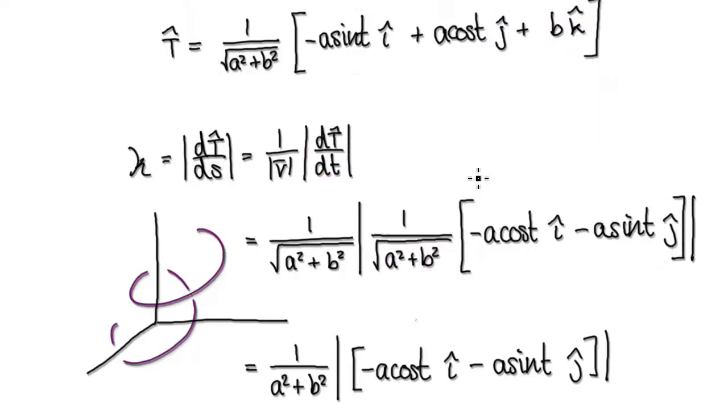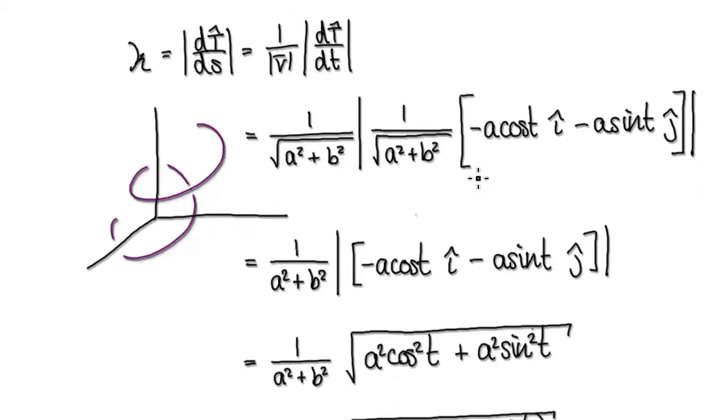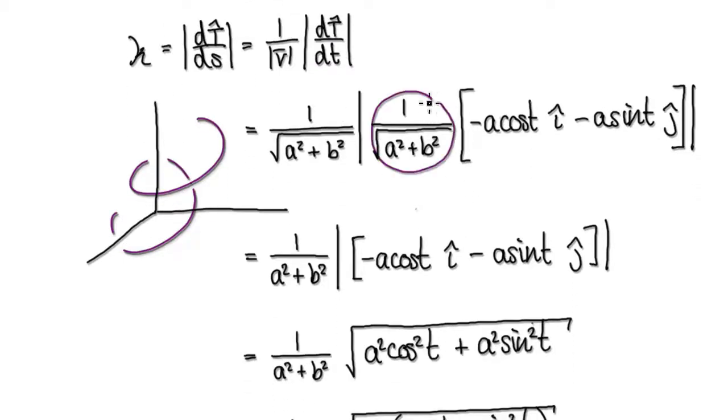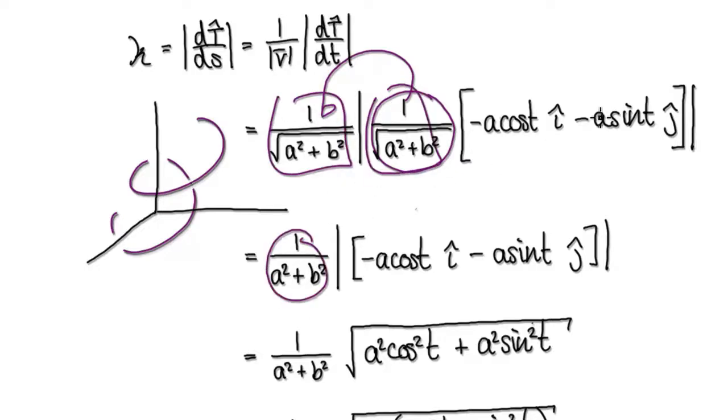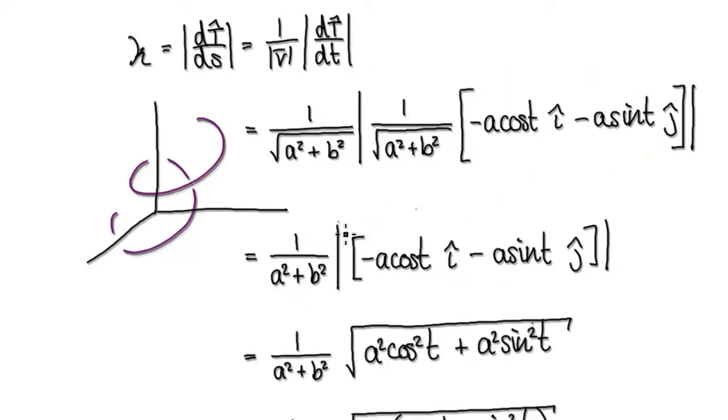So now, let me think. This is a constant, so we can actually take it out here. This thing times this thing will then give us this thing here. What's left is what's on the inside here, and we still need to work out the magnitude of this vector.